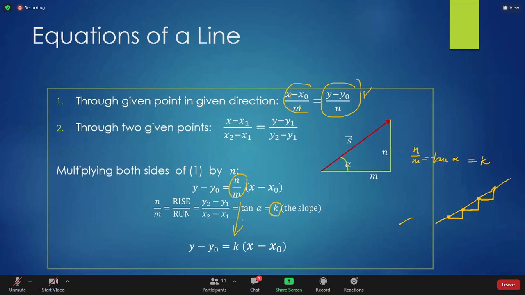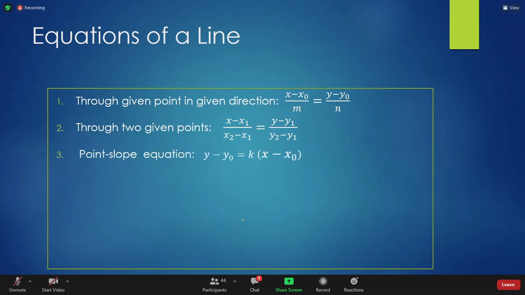If we know one point and the slope, the tangent or rise over run, we can write an equation of a line in this form. Depending on what we have and what we have not, we create the equation from what we have. In general, there are 7 types. We won't have time for 7 types today. I think one more and that's it.